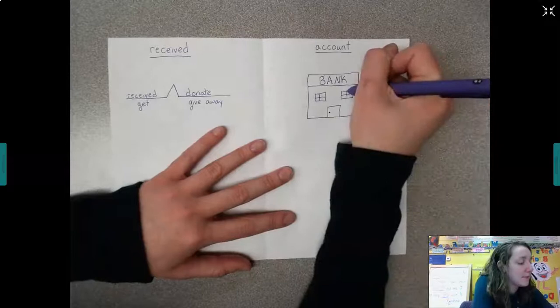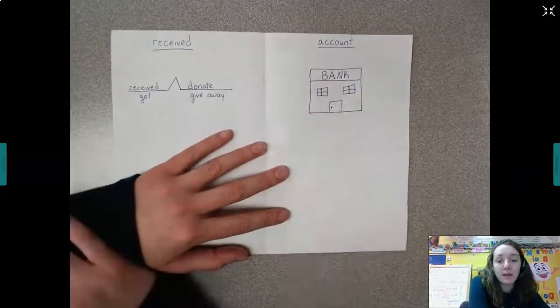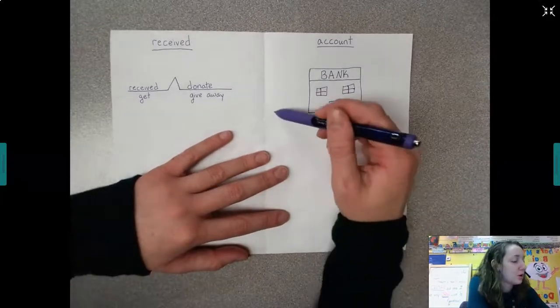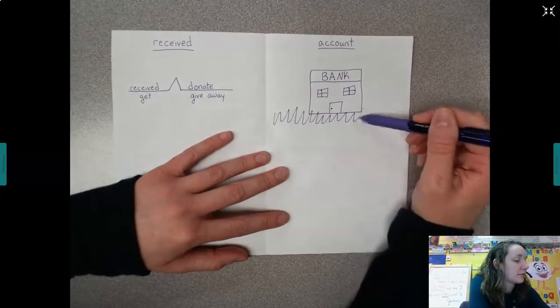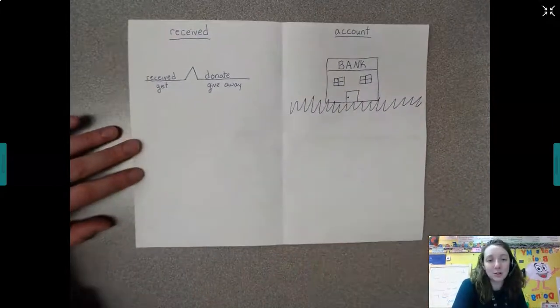That's where the money is going to go. So my account is in a bank. I might put some grass in front of it to make it look more like a building. So that's our sketch trigger for that.